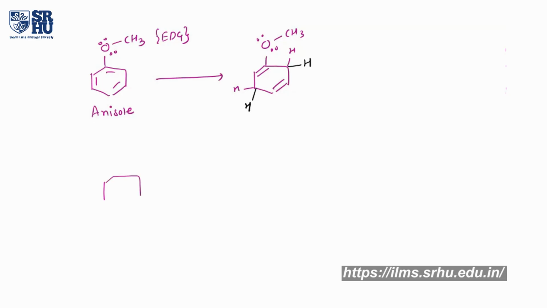Now let's say we are having C double bond O single bond R group, say single bond CH3 group. This is acetophenone.